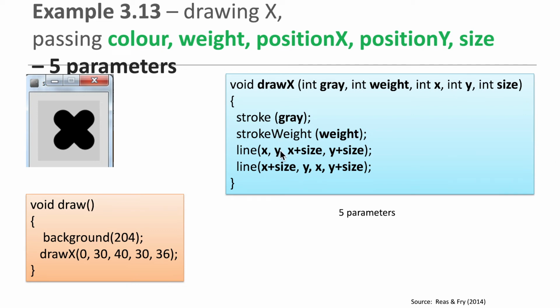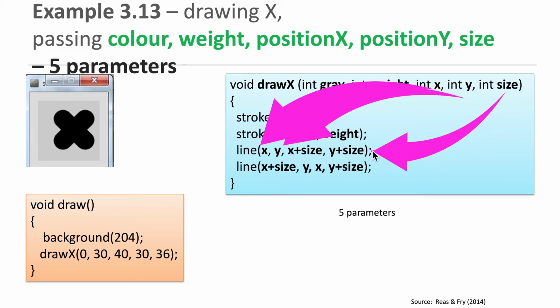So we're just doing some calculations inside here for drawing the line to make use of the X, which is here. There's our X and also our Y, which is there, and our size, which is here.